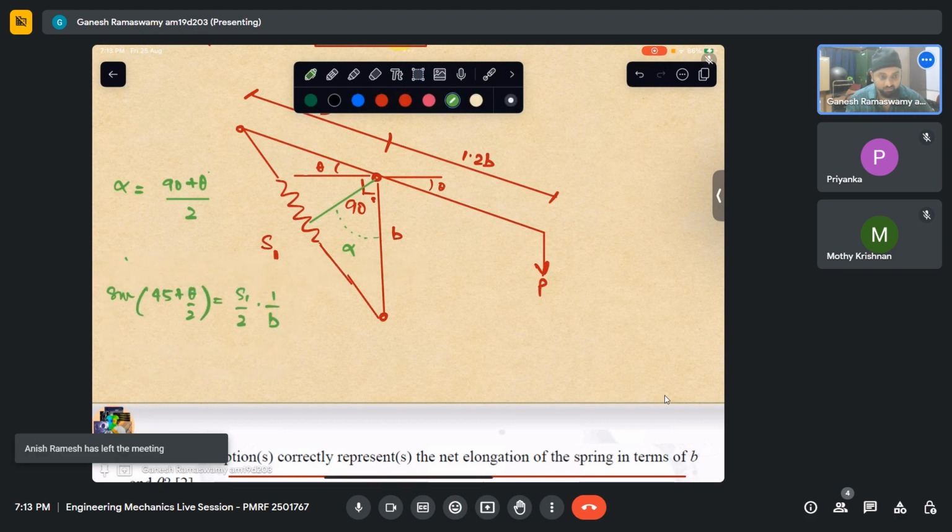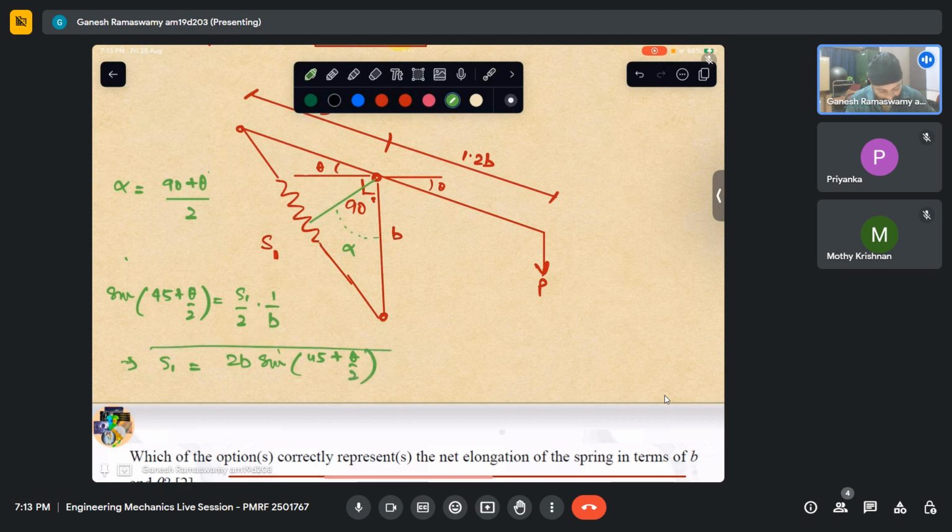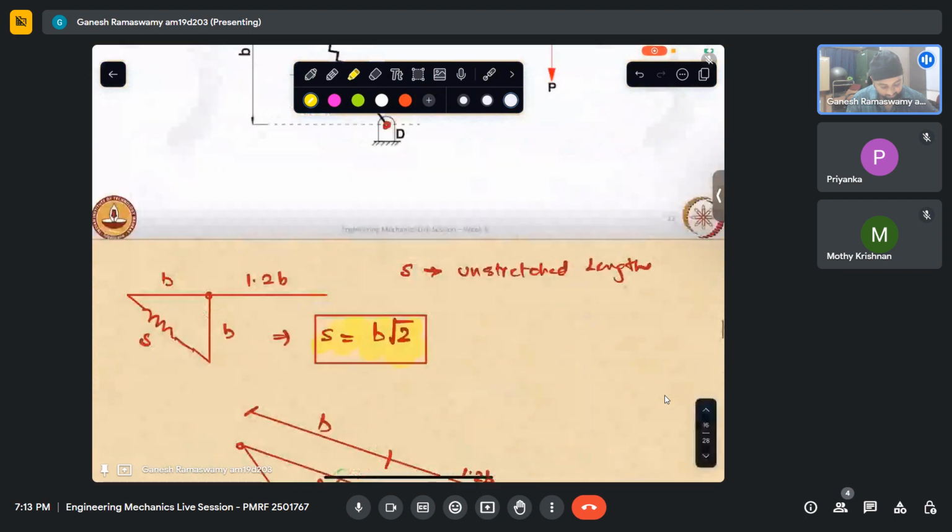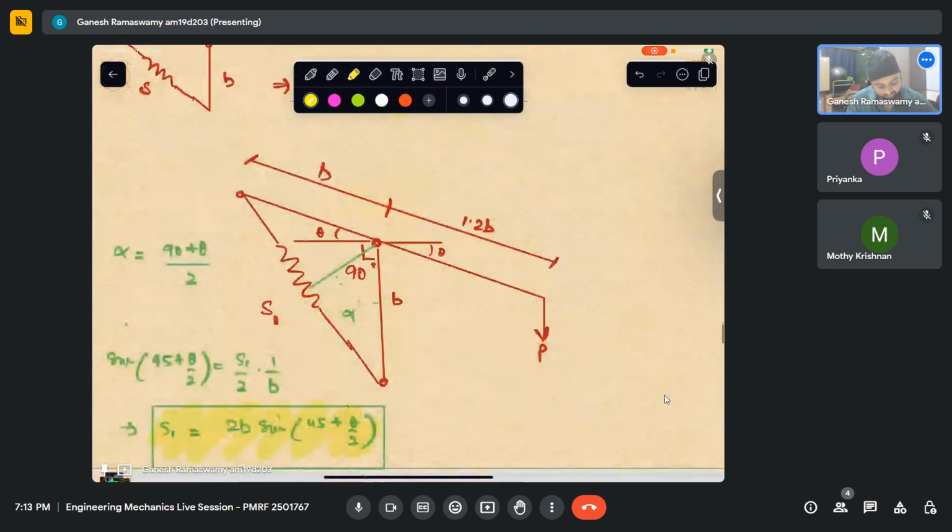We have taken sine of this angle, which means this is S1 by 2 by B. So what does S1 come out to be from here? 2B sine 45 plus theta by 2. I have got S1 in terms of theta here, and I already have an expression for S. So what is my net elongation? Net elongation is nothing but S1 minus S.